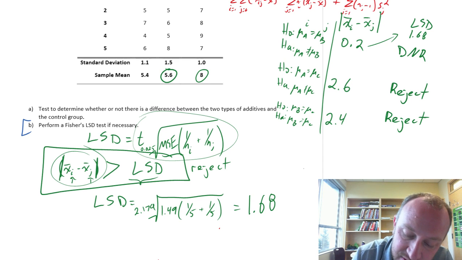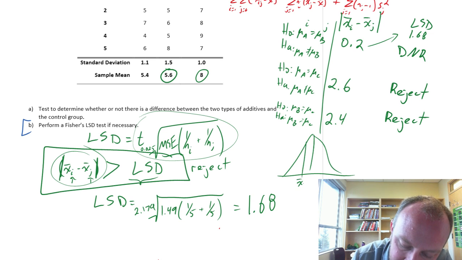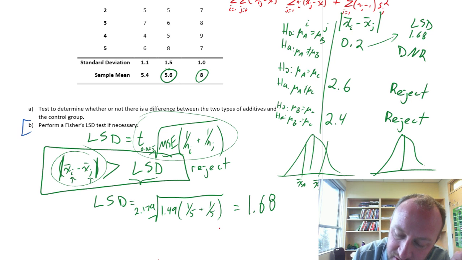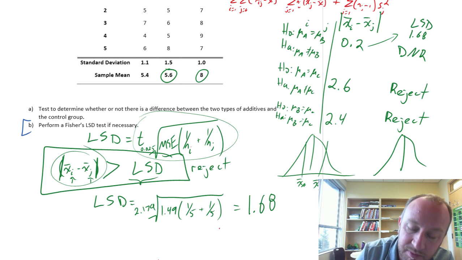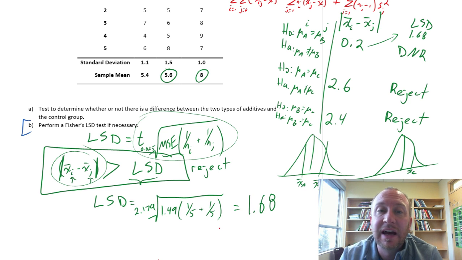We have here two distributions. We have one distribution where sample A and sample B came out of, and we have a second distribution over here where sample C came out of. X bar C is out here somewhere. So here we have a case where we have 3 treatments, but they came from just 2 distributions.